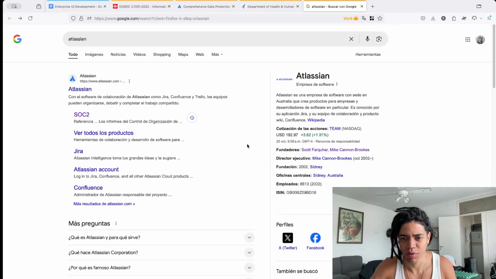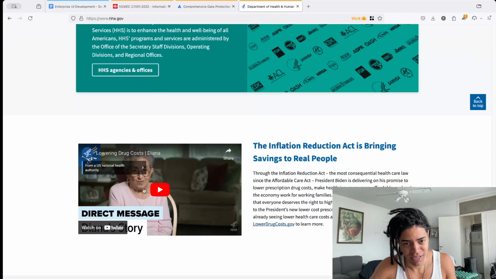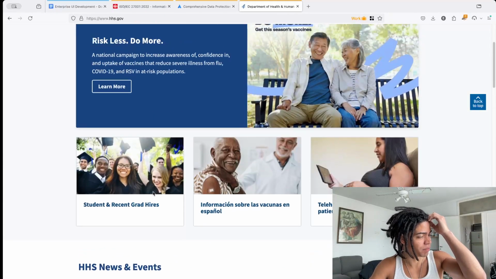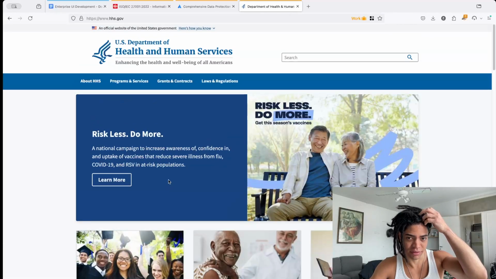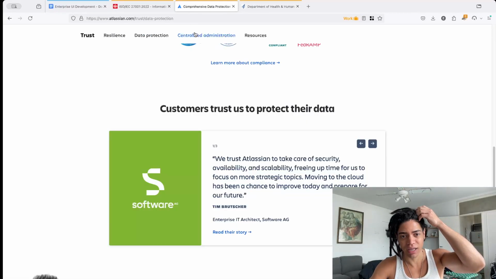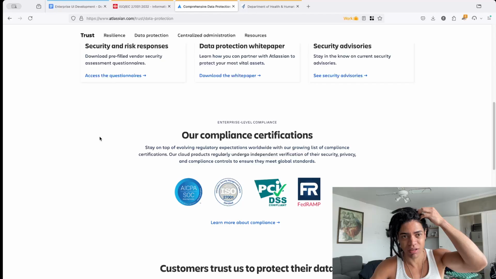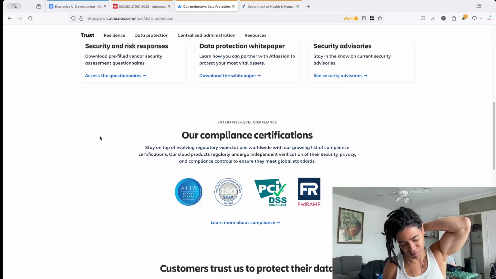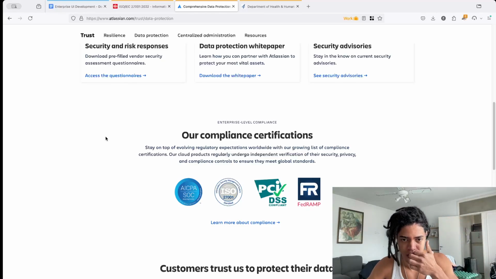Over the more than 20 years, all of these software as a service companies are now relying on Atlassian, because they not only follow compliance policy but also trust security models.